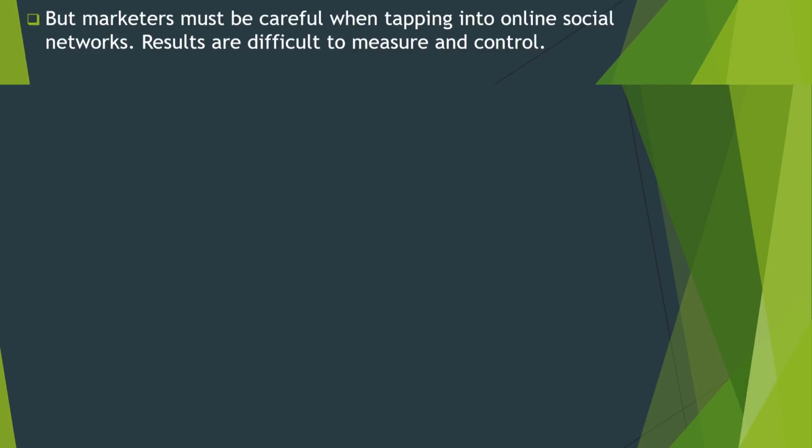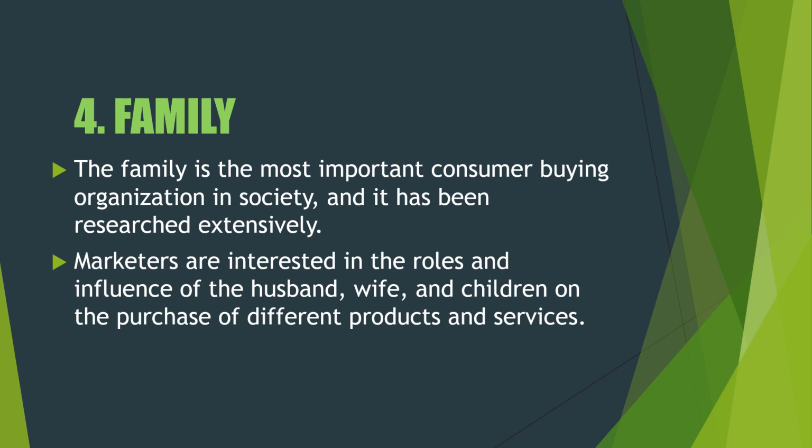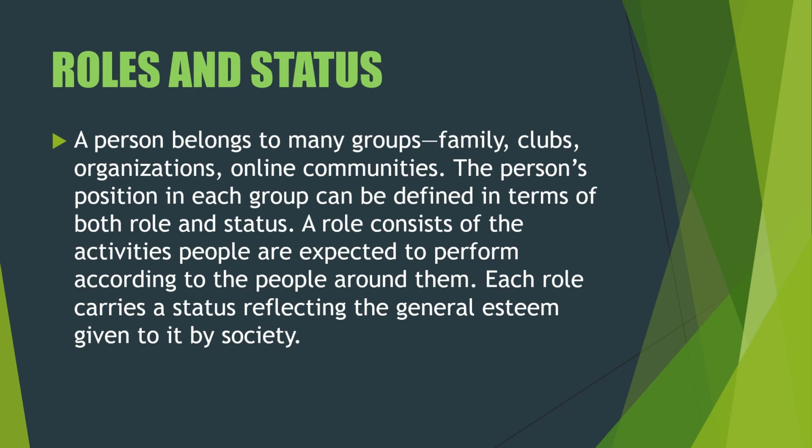Family. The family is the most important consumer buying organization in society, and it has been researched intensively. Marketers are interested in the role and influence of the husband, wife, and children on the purchase of different products and services. Roles and status.